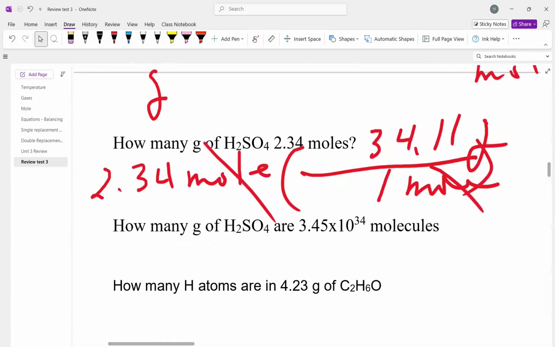Okay, two H's, 1.01 apiece, but there's two of them. Okay, so that's 2.02. One sulfur is 32.07. Four oxygen at 16 apiece. That's 64.